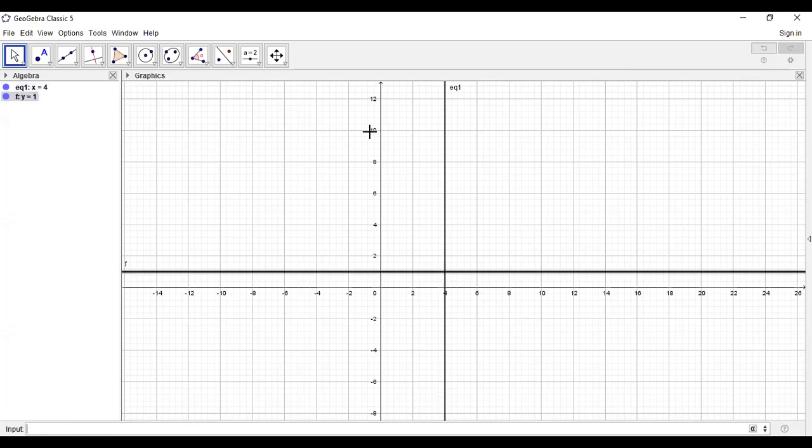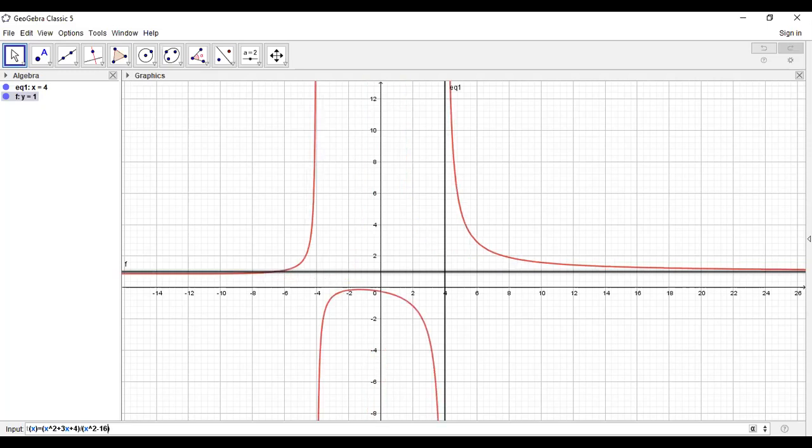Yan siya. And then, ipapasok ko po yung buong function, yung original function na. So, we have t of x is equal to x squared plus 3x plus 4 all over x squared minus 16. Ay, parang may mali sa graph.